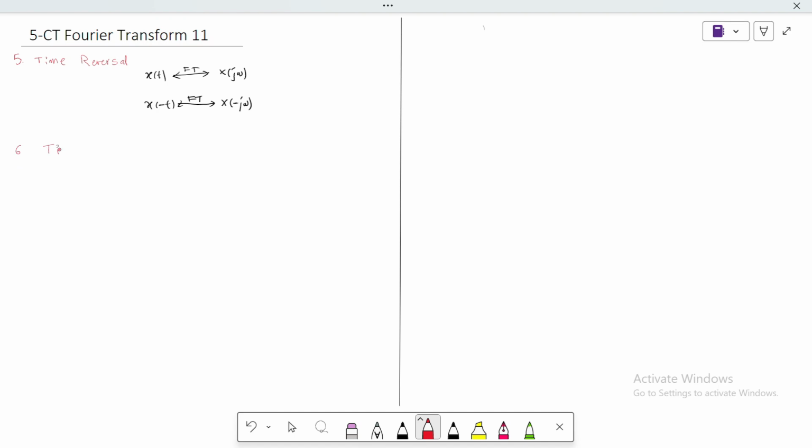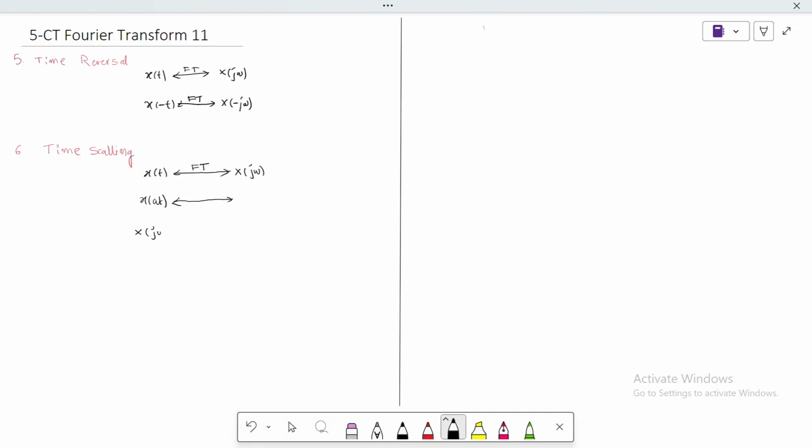Time scaling. So x of t has Fourier transform x of j omega. Then what is the Fourier transform of x of a t?